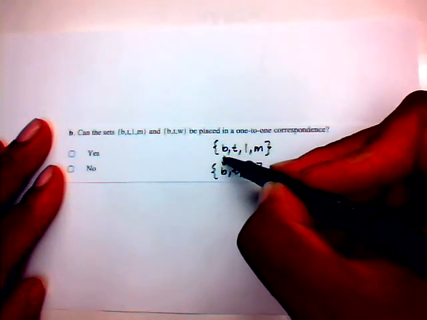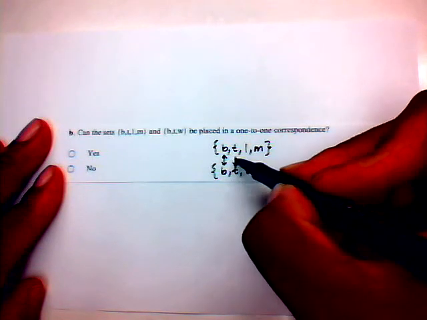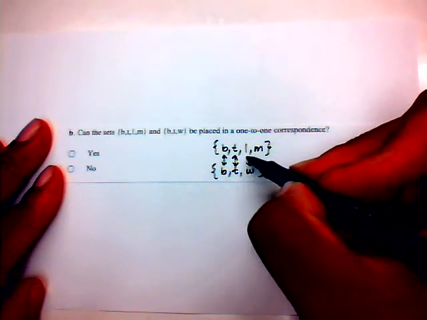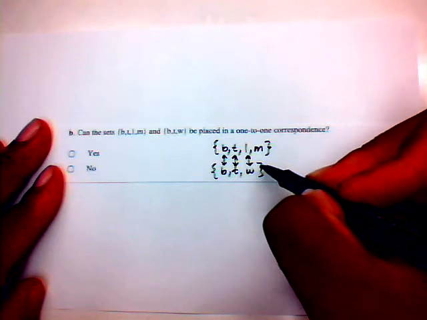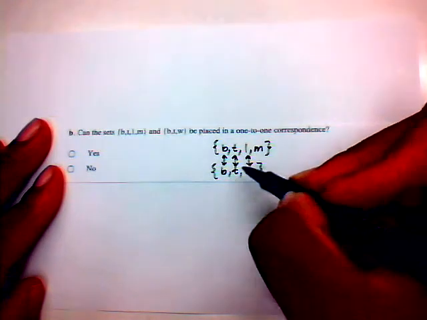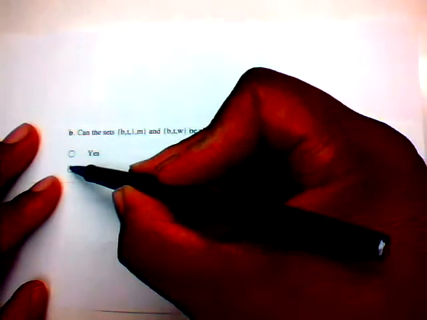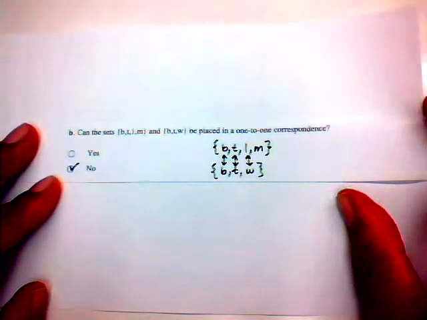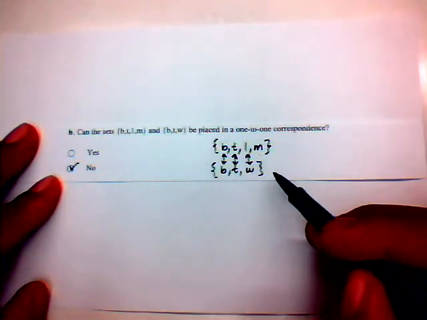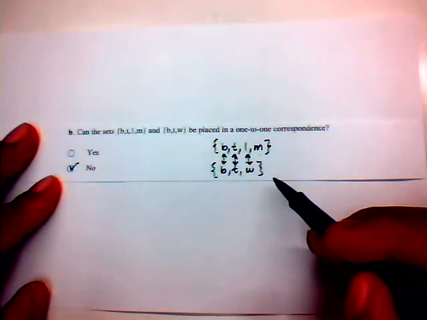Here I compare the B with a B, T with T, L with W, but I can't pair M with anything else out of this second set. So this would not be a one-to-one correspondence. Because every element has to be paired with something in the second set.